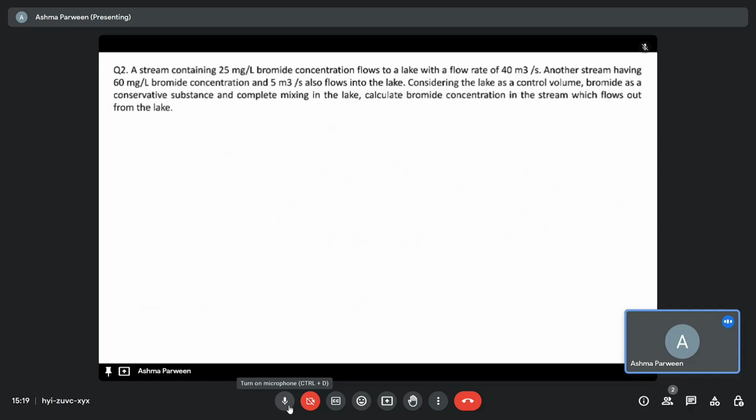So let's first draw the figure for this question. Suppose this is some lake, and here stream 1 is flowing into it. The concentration of bromide here is 25 milligrams per liter, and the flow Q1 is 40 meter cube per second.